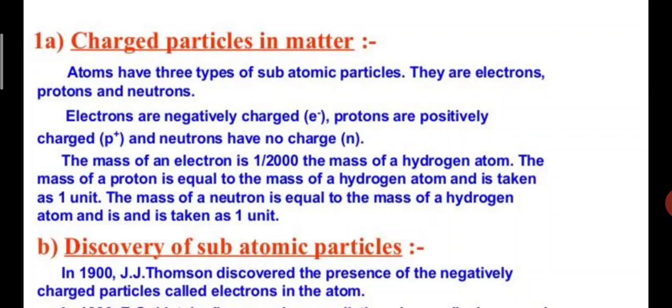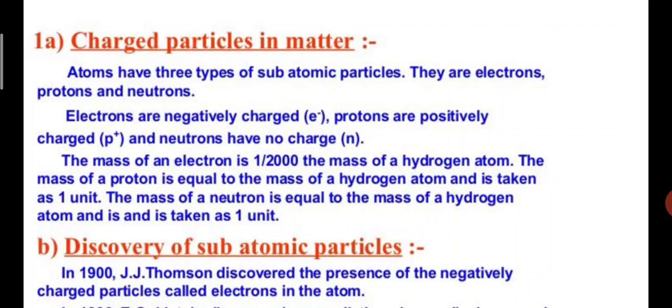It was known by 1900 that the atom was not a simple indivisible particle but contained at least one subatomic particle, the electron. This electron was identified by J.J. Thomson.